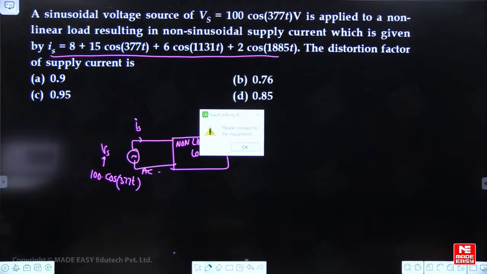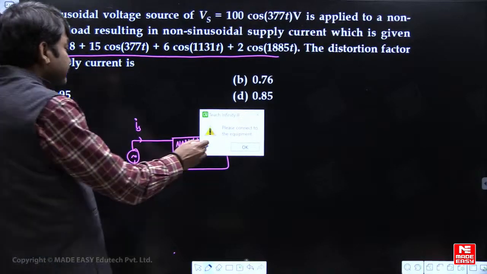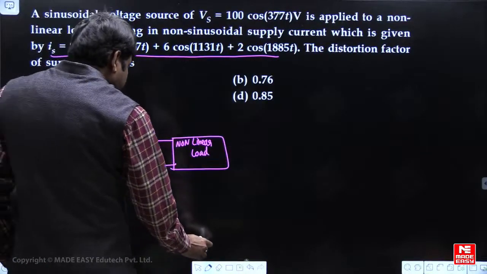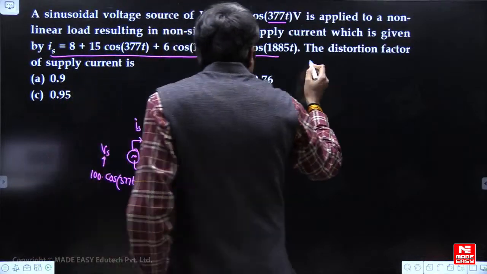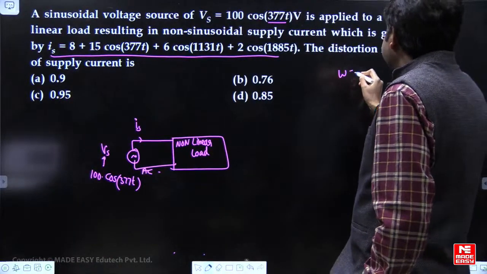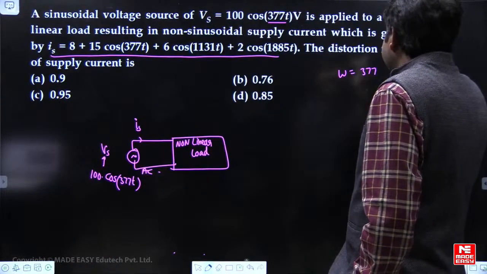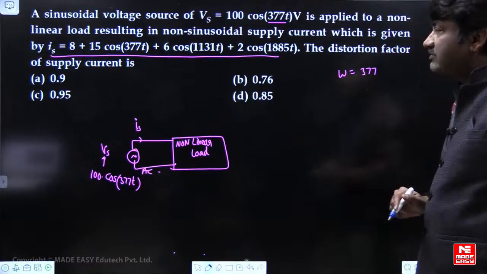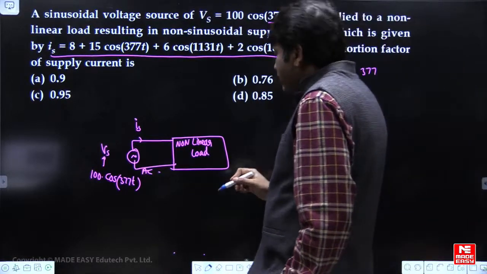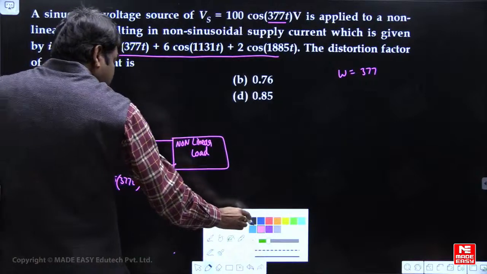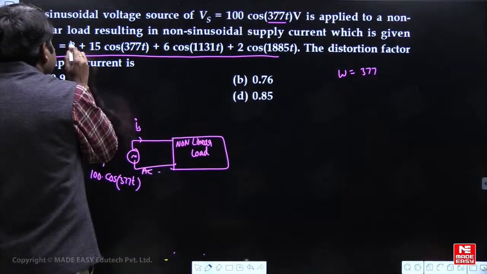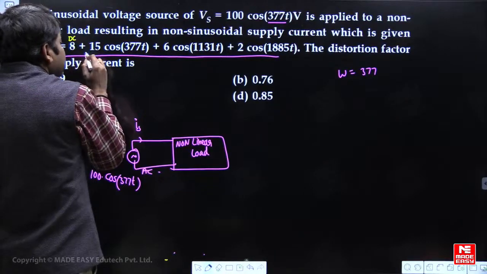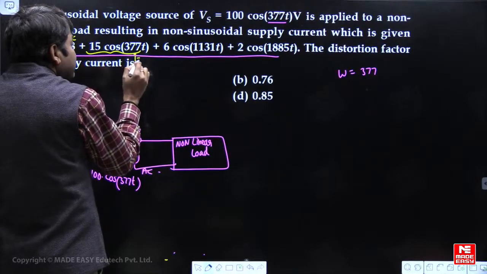So the load is a non-linear load. Supply current is distorted with AC components at different frequencies. See here, what is the fundamental frequency? Fundamental frequency is 377. So this is the fundamental component of source current. Harmonics are there here. This is the DC quantity. This is the fundamental source current.